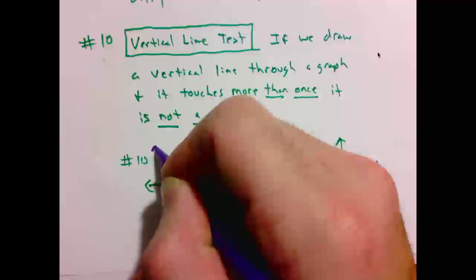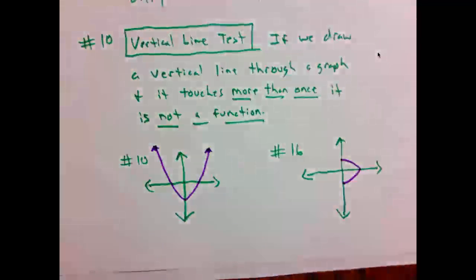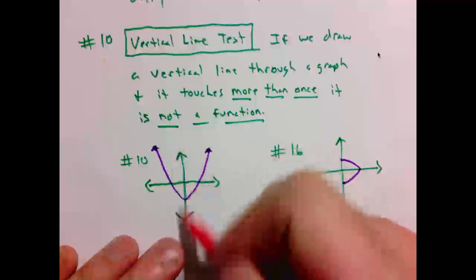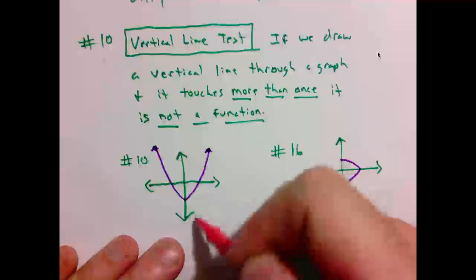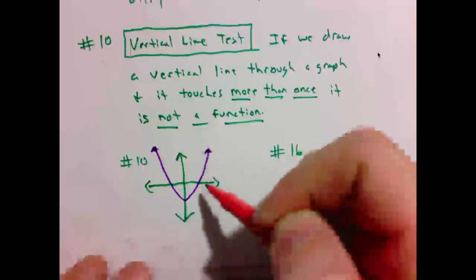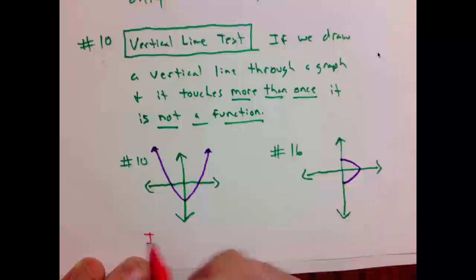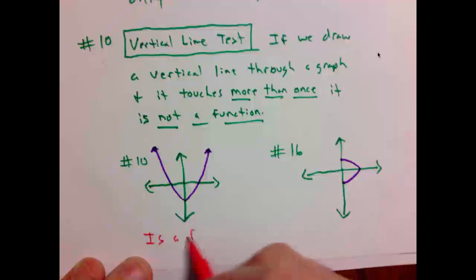These points, they simply stop there. Alright, so using our vertical line test, any place we draw a vertical line through this graph, we will only touch the graph one time. Thus, this relation is a function.